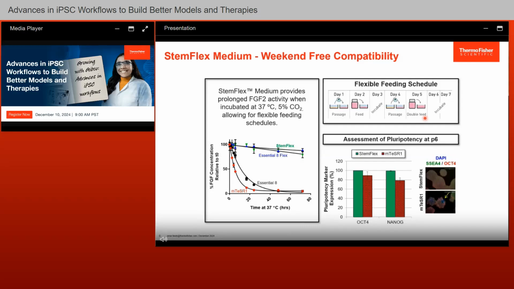So as you can see here, even with these flexible feeding schedules, we observe high maintenance of pluripotency, both in earlier passages, as you can see here, passage 6, but we've also done this work all the way up to passage 50 in StemFlex cultures.